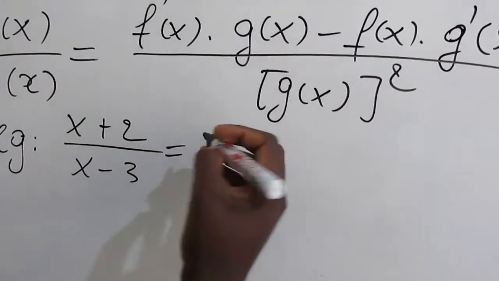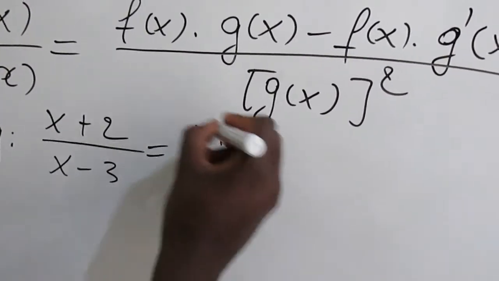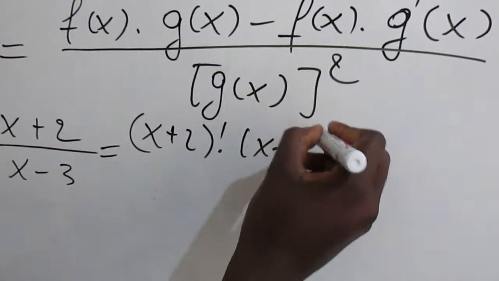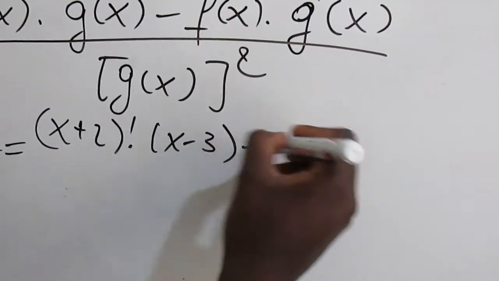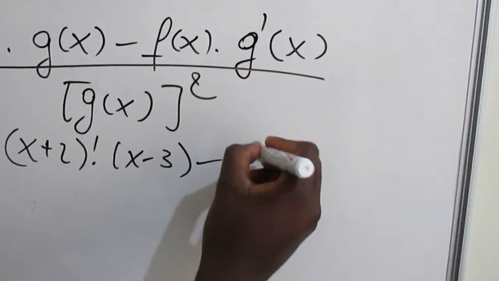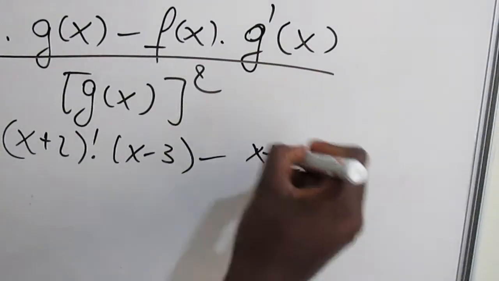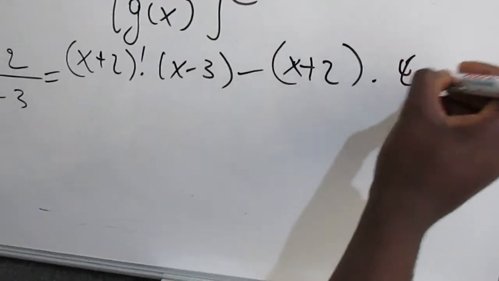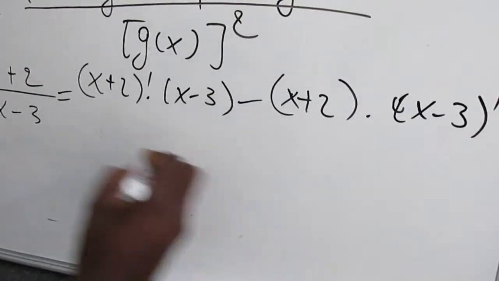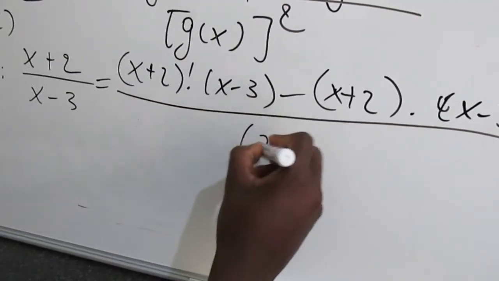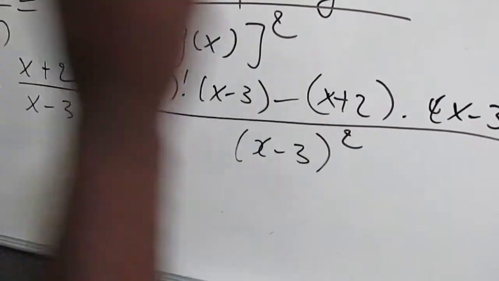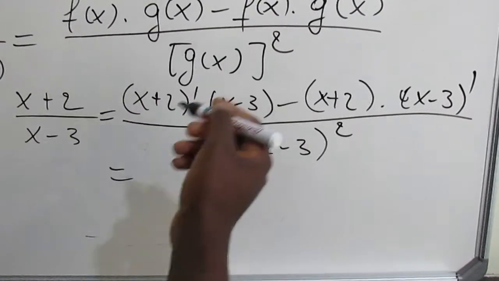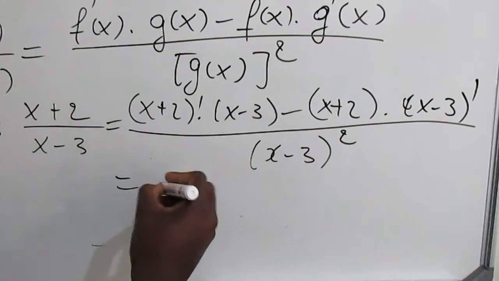It's going to give you x plus 2, you derive, times the g of x, which is x minus 3, then minus x plus 2, you don't derive f of x, and you derive this side only, x minus 3, over x minus 3 squared. Then you already know how to do all this because we've explained everything.